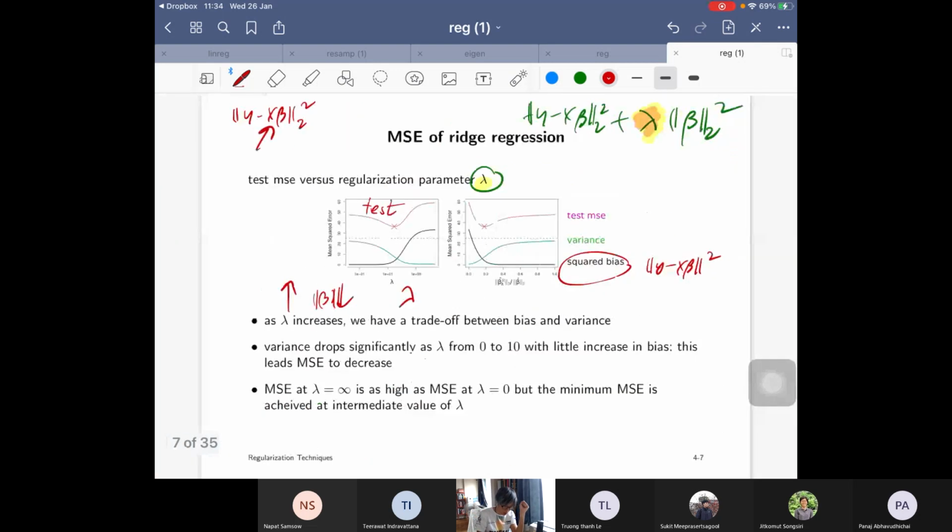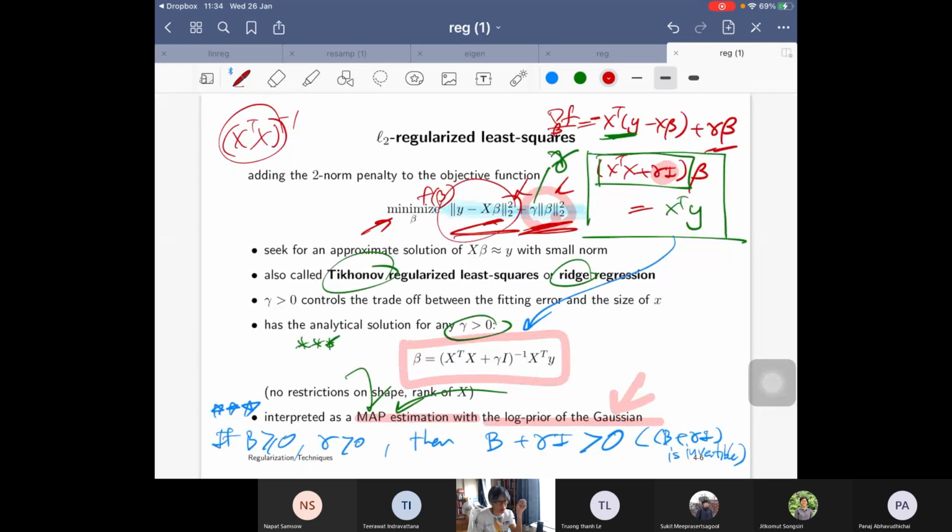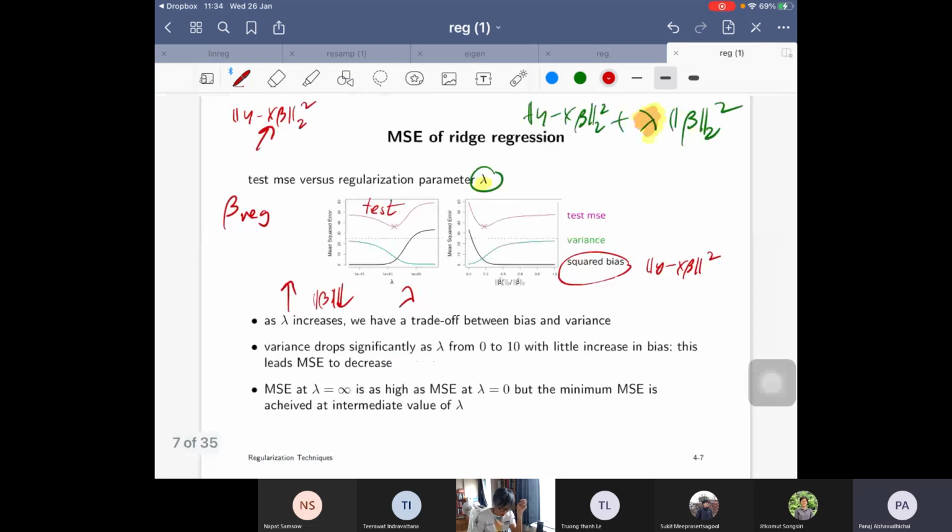So this regularized beta is no longer optimal in the original least square problem. So it is not BLUE anymore. This is not the BLUE property of linear regression, the best linear unbiased. All right, I hope everyone follows this.